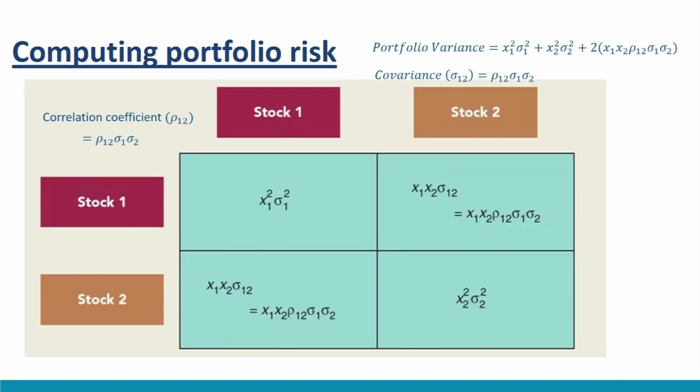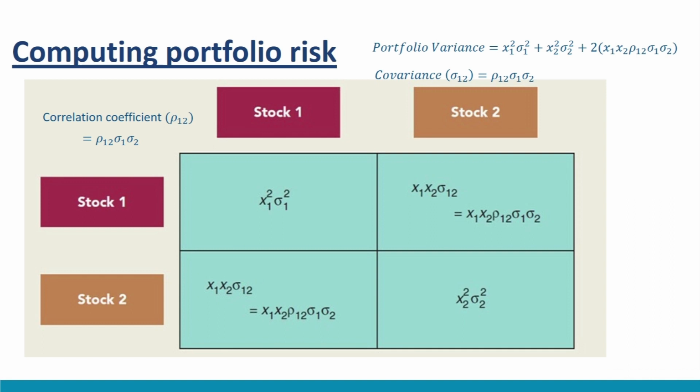For a simple two-stock case, the standard deviation of the portfolio is computed as shown in the figure here by filling all the boxes and adding them up. The simple principle followed here is this. The risk or variance of each stock is weighted by the square of the proportion invested in those stocks, that is W1 square into sigma 1 square plus W2 square into sigma 2 square, and that portion of the risk that is on account of the covariance between these stocks, that is their common movement due to the effect of the market.